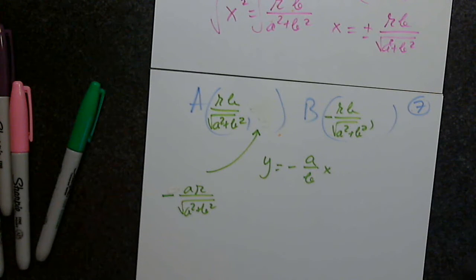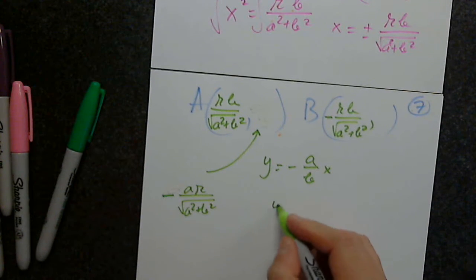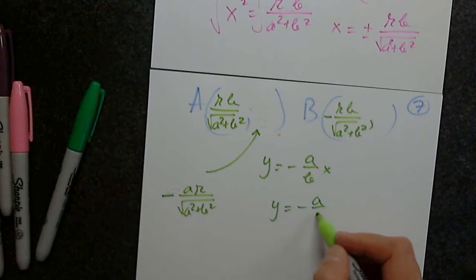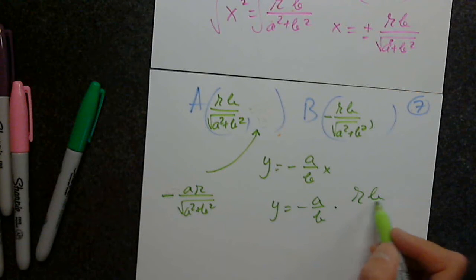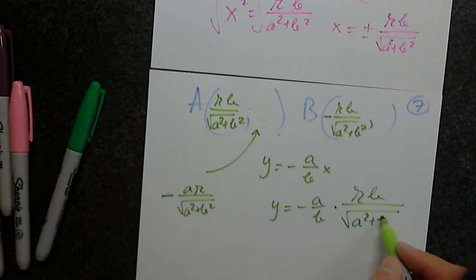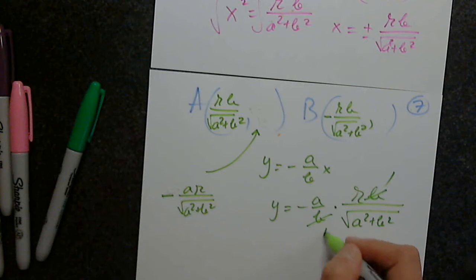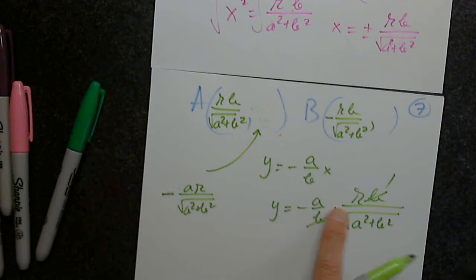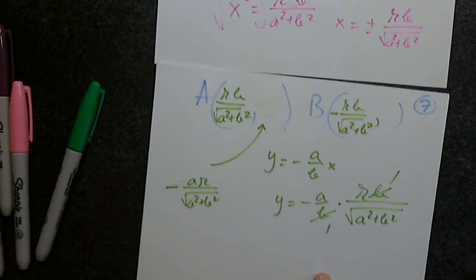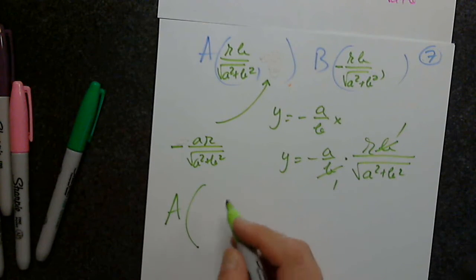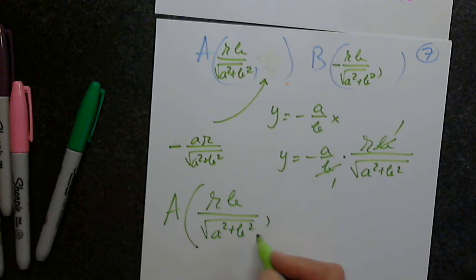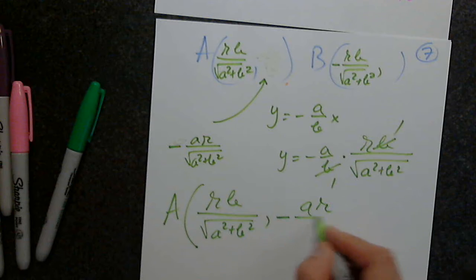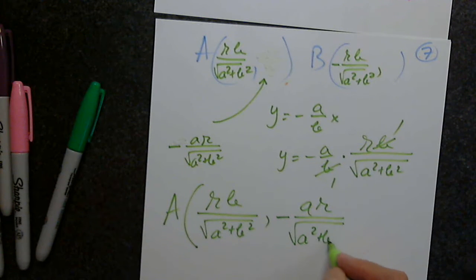Should I write it? Yes, very good. So y is negative a over b, and now I have to multiply by this x, which is rb over the square root of a squared plus b squared, and these two go away, and that's how I get the negative ar over the square root. Better? So one more time, A has coordinates rb over the square root of a squared plus b squared, comma, negative ar over the square root of a squared plus b squared.